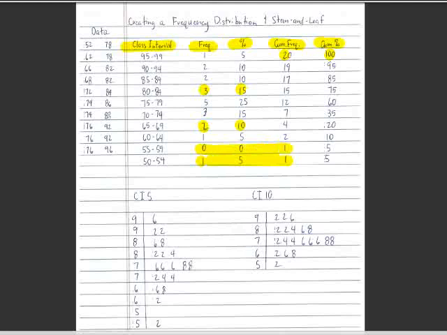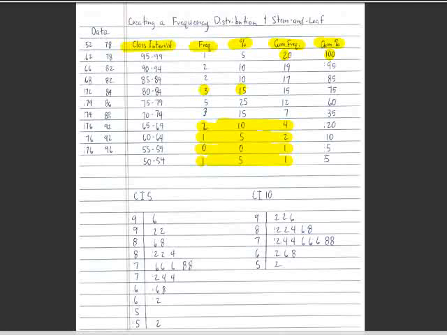So 1 plus 0 is equal to 1, and then you keep working your way up. That 1 plus the number of observations in 60 to 64, so 1 plus 1 is equal to 2, and we'll do one more. 2 plus the number of observations in the class interval above it, so 2 plus 2 is equal to 4. You can go ahead and work your way up.